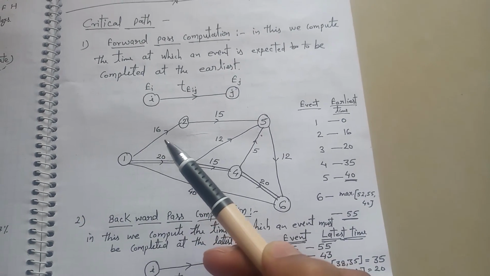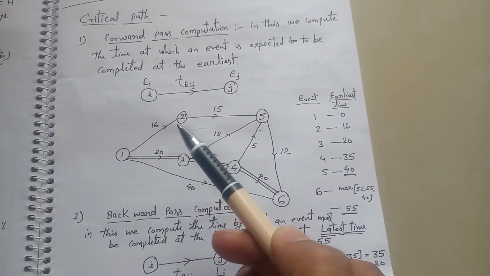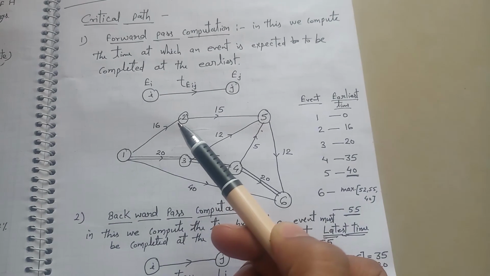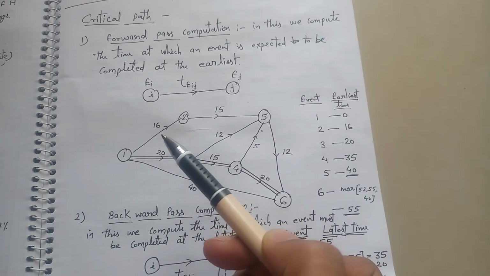Basically we take the maximum time which is covered during the activity, called your earliest time. For event 1, because it is starting from here, there is no time, so we can say the earliest time is 0.